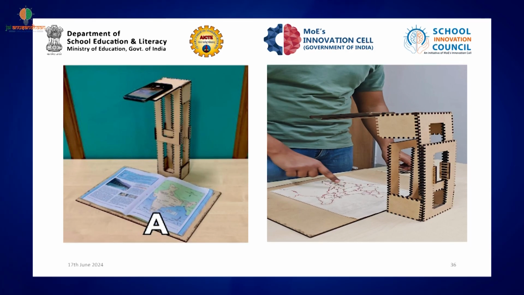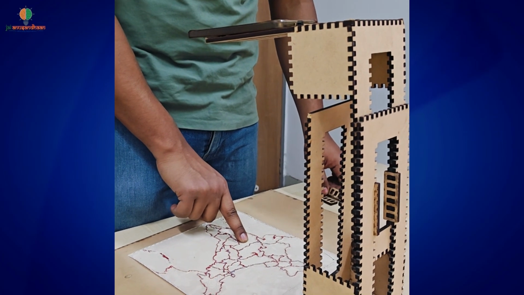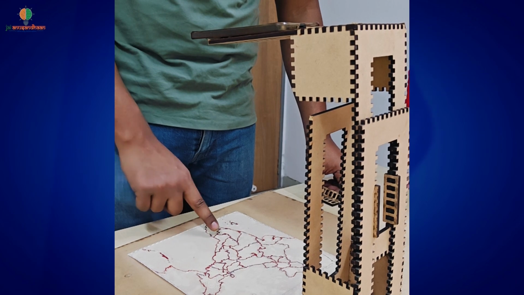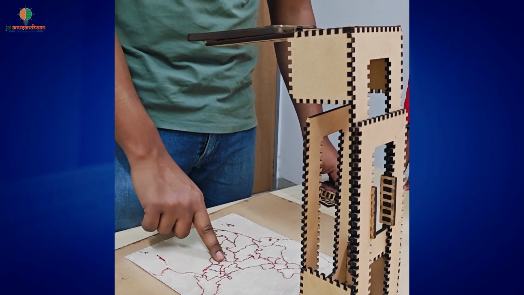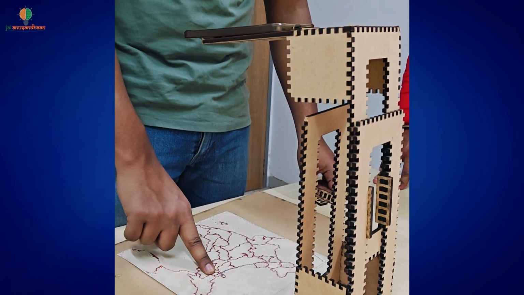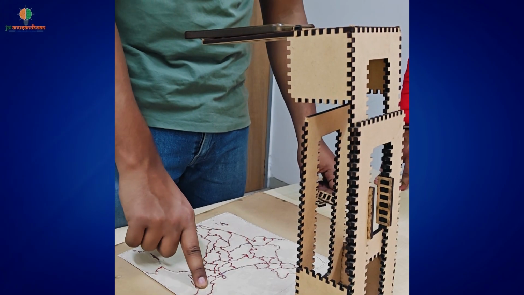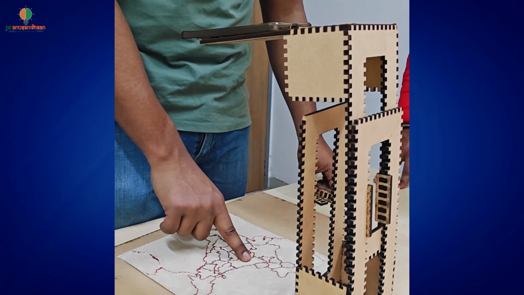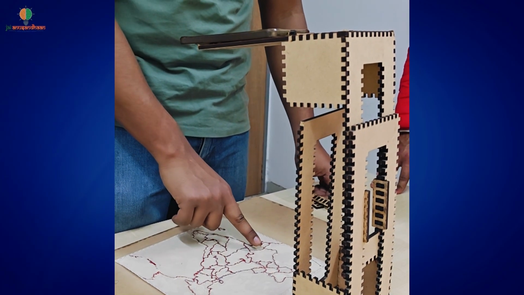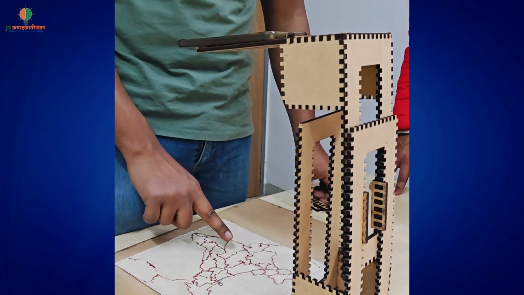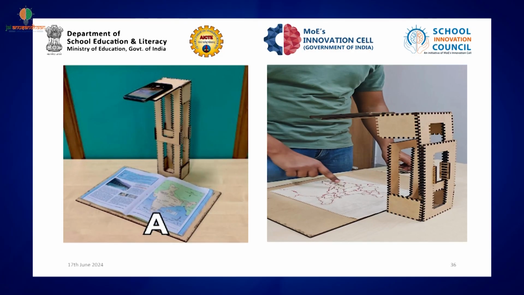Here the participant moves their finger, and the smartphone, using its camera, reads where the finger is and then gives audio feedback telling the name of the state, the name of the crops grown in that state, etc. The stand has been made using laser cutting with wooden ply material.